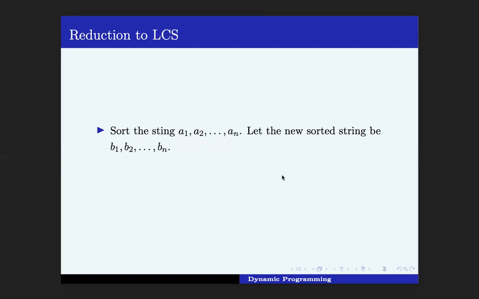But there's another thing that you can do. You just sort this string. Say the sorted string is B1 to Bn. Now, if I find the longest common subsequence between B1 to Bn and A1 to An, what do I get?